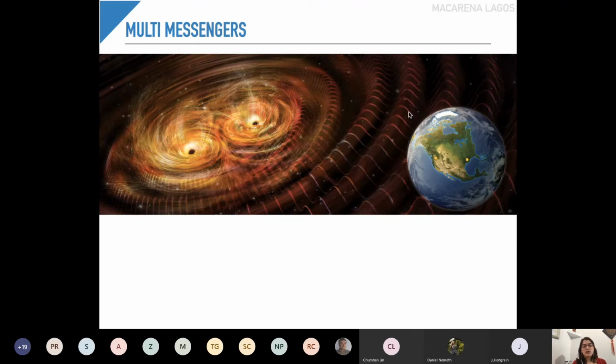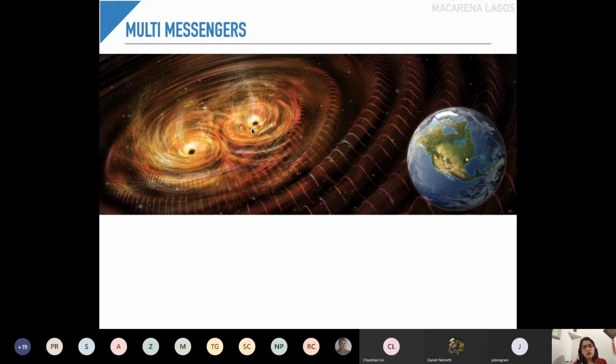Now, more specifically, I will be talking about how to exploit multi-messengers from these kind of sources. When you have these gravitational wave emissions, sometimes the sources can also emit light. And if you're lucky enough, you can detect both. So in this picture, for example, we have a binary system of compact objects.